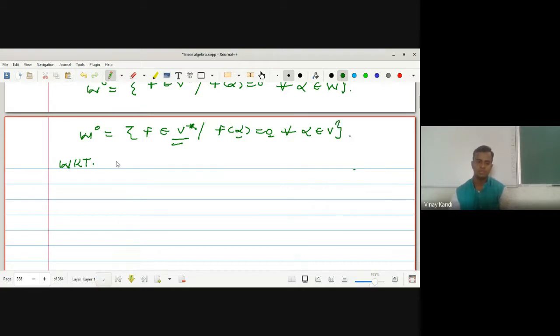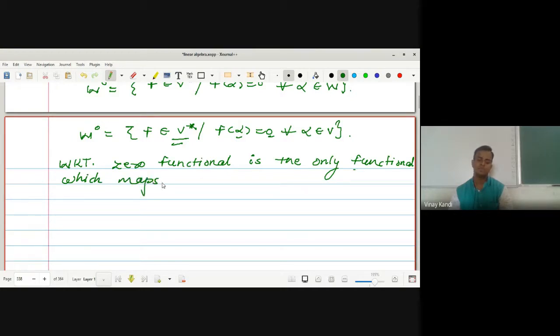So we know that the 0 functional is the only functional which maps every vector in a given vector space to the 0 scalar.